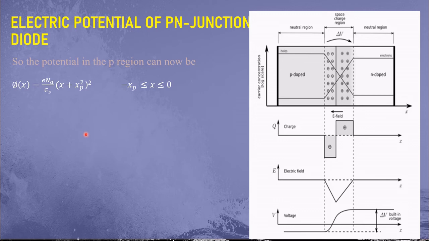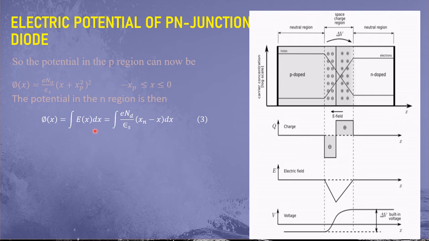In the same process, we can define the electric potential in the N region. How can we define it? phi(x) equal to minus the integration of E(x) dx, and we already know the E(x) value of the N region, that is q N_D divided by epsilon_s times (x_n minus x) dx.